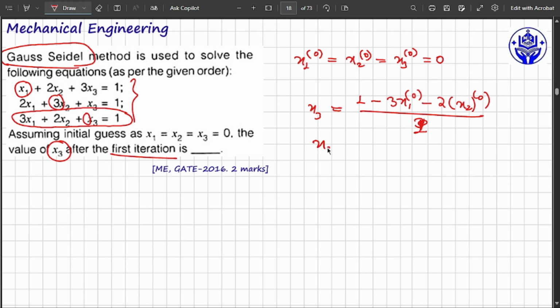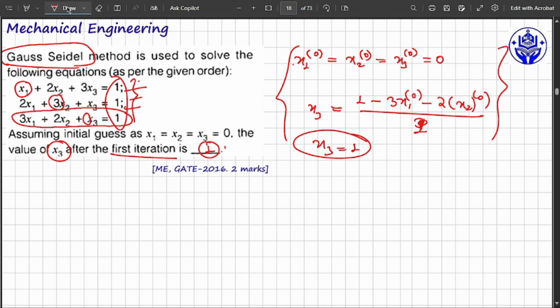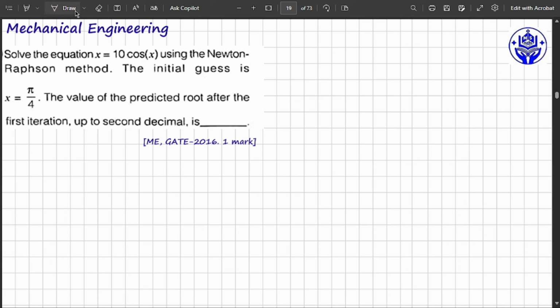So in this case, my x3 is equal to 1. Accordingly you can find x1 and x2, or you can verify it. If you put in all these values, you will get all the values. Either there may be a problem in this question, or the data is wrong, because according to the answer it is not correct. Okay, anyway, let's move to the next question.